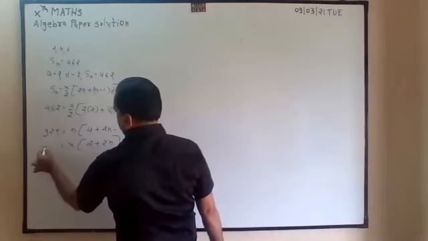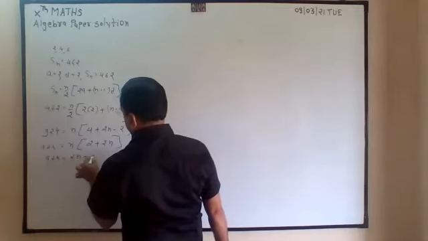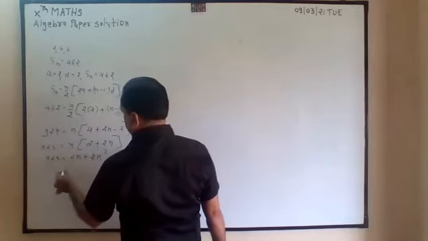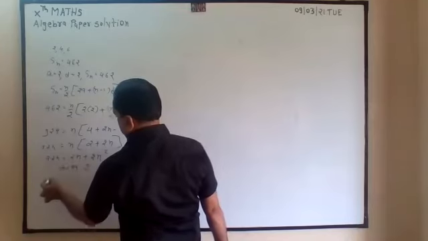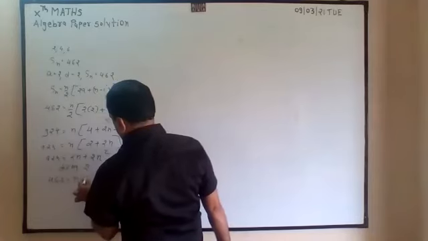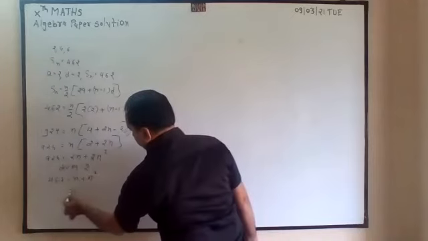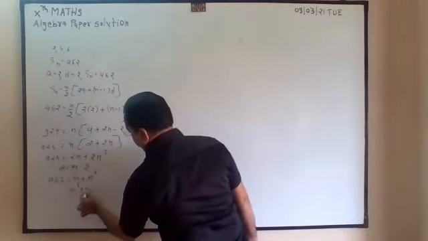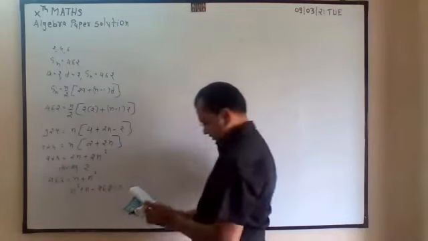Now divide by 2. Again 462, n plus n square. This comes this side. So n square plus n minus 462 is 0.